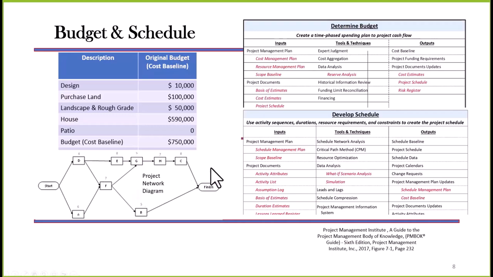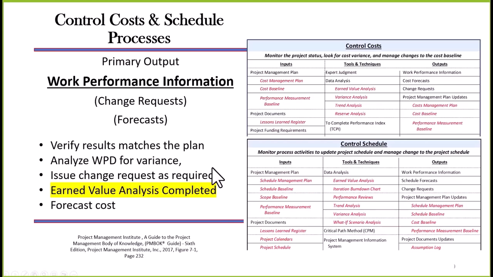Moving right along, we control cost and schedule. These are two processes that are very important to us. And this is where we will do our earned value analysis. This is where we will determine how we're performing with regards to the budget and with regards to the schedule. And you can see these two processes listed here: control cost and control schedule.